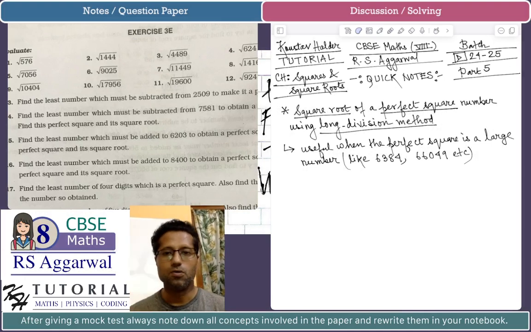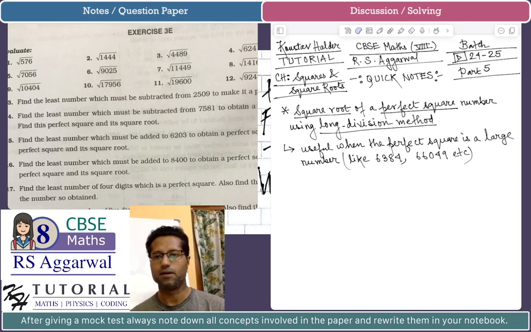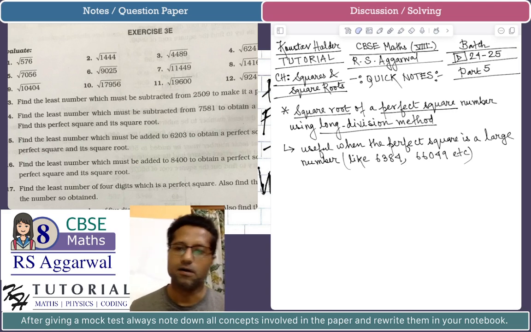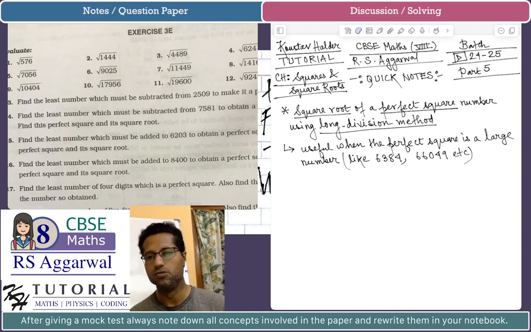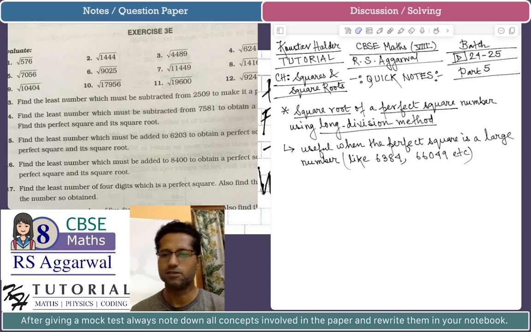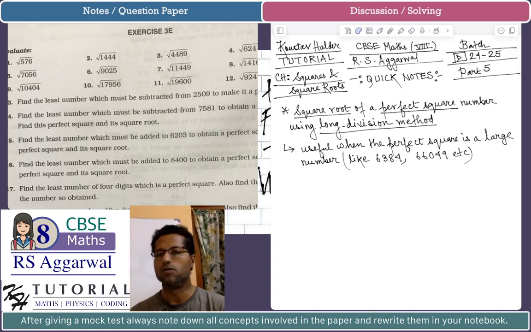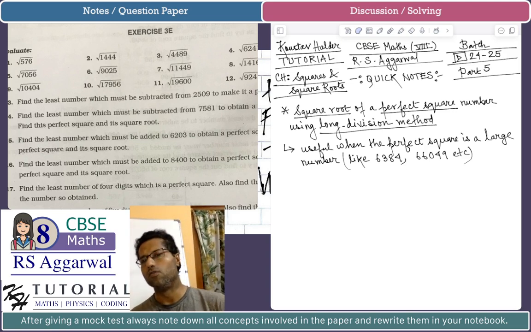Okay, so I do not have notes for this video. In this video, we will understand how we find the square root of a perfect square number using the long division method. The long division method is specifically useful for finding the square root of a perfect square which is a relatively large number, like 66049 or 6348, with 4 digits, 5 digits, or even 6 digits.